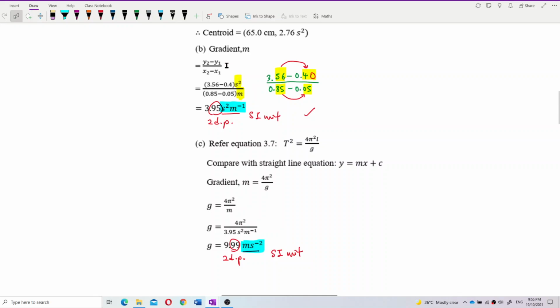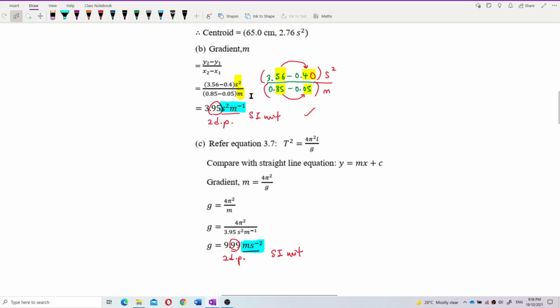You don't know the y unit is second square, the x unit is meter. So you need to know what unit this is, and you must write it there also. It is second square divided by meter. Then only you can know the unit for the gradient. Understand? So you got the unit ready.